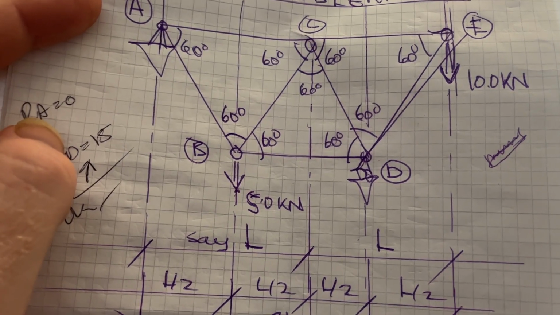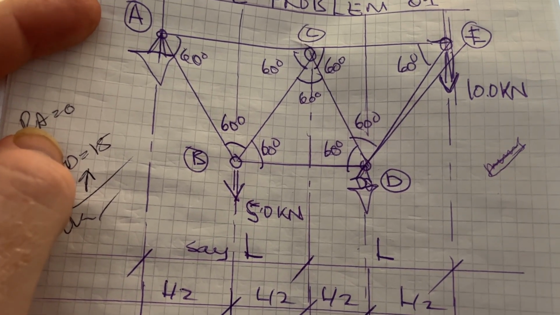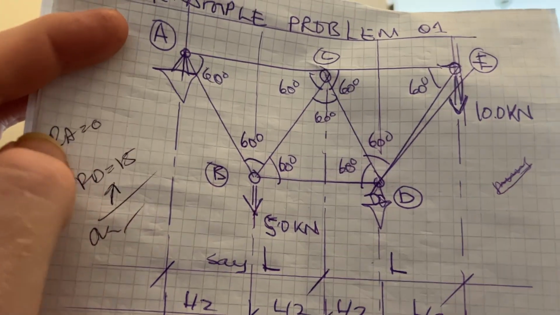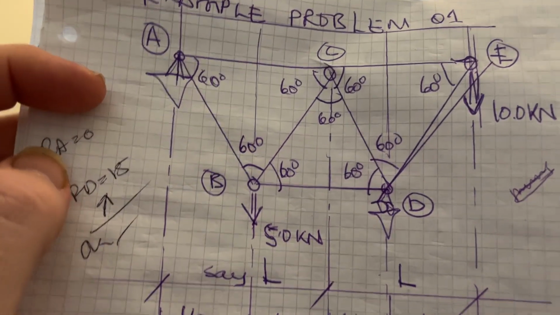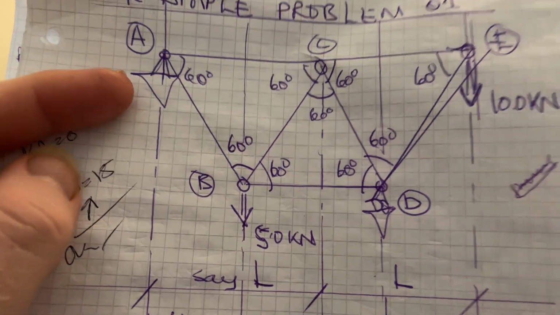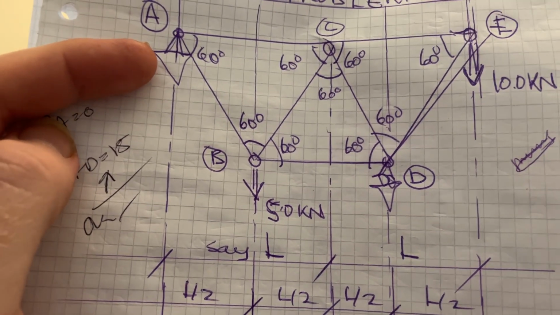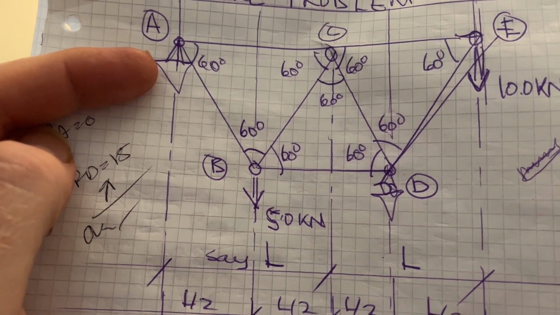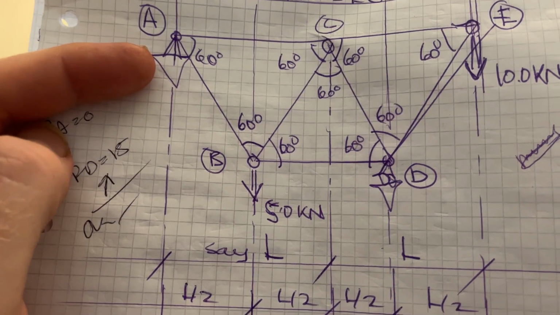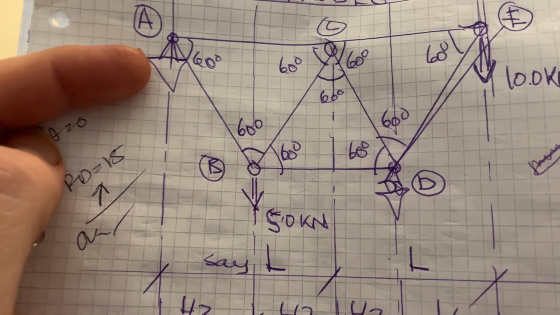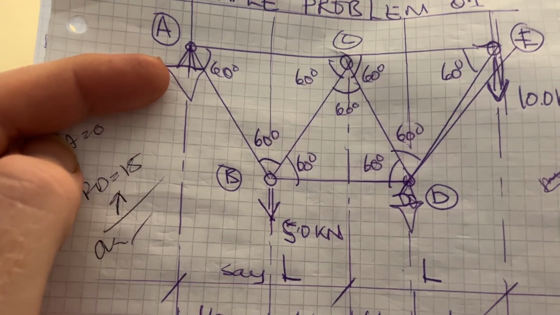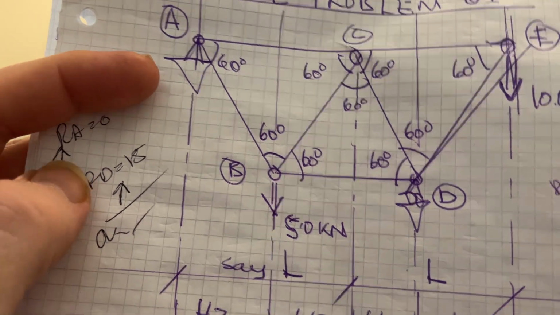And 5 joints, 5 times 2 is 10. So it's all right, we can solve it. By inspection also you can see we've got 3 reactions, 3 equations of equilibrium.